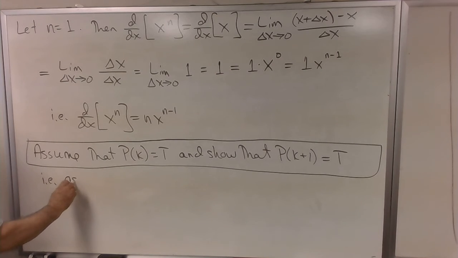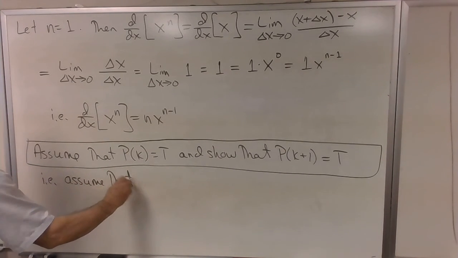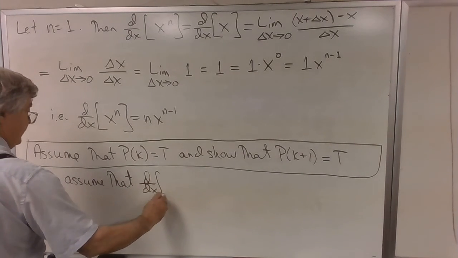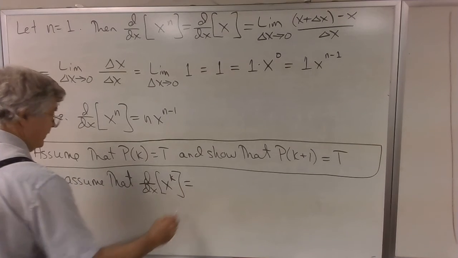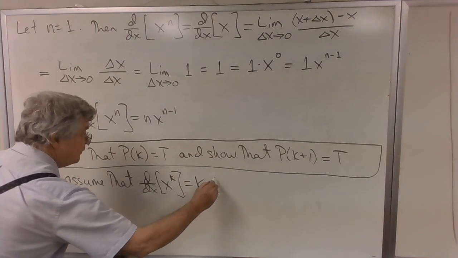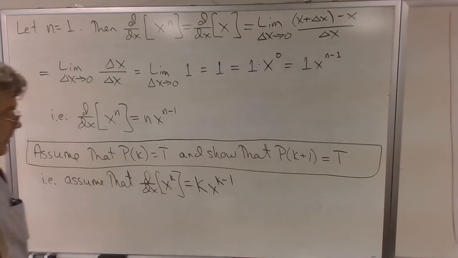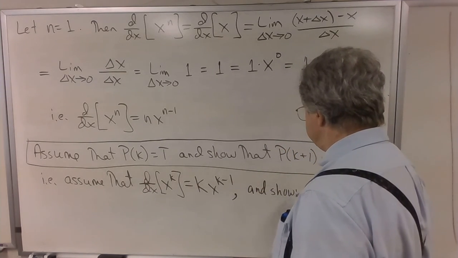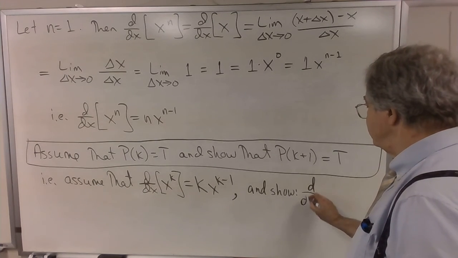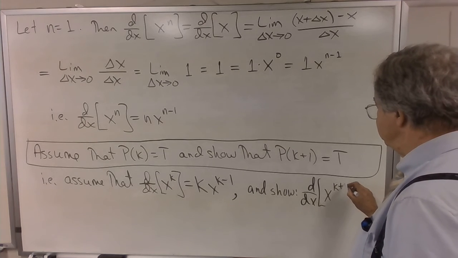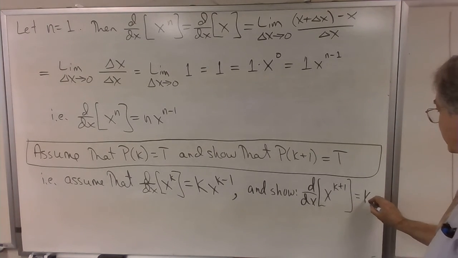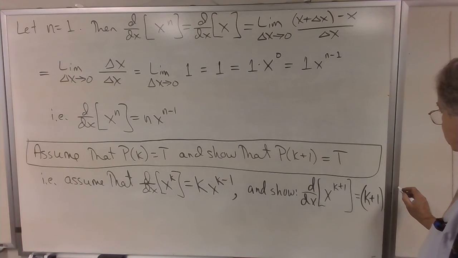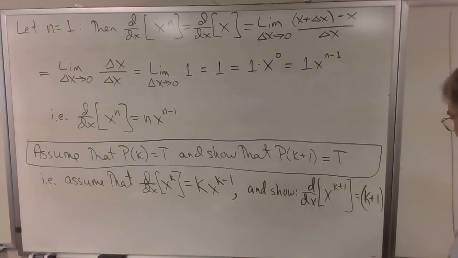So that is, assume that the derivative of x to the k is equal to k times x to the k minus 1, and show that the derivative of x to the k plus 1 is equal to k plus 1 times x to the k.